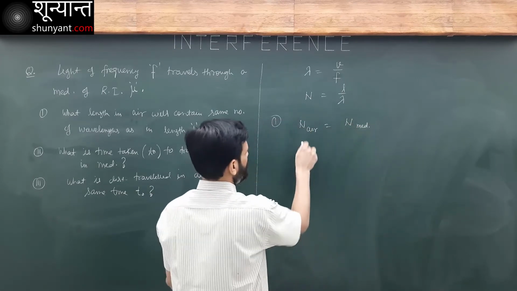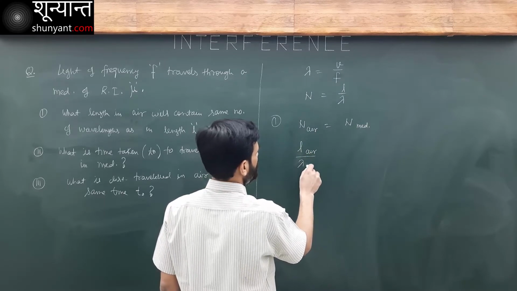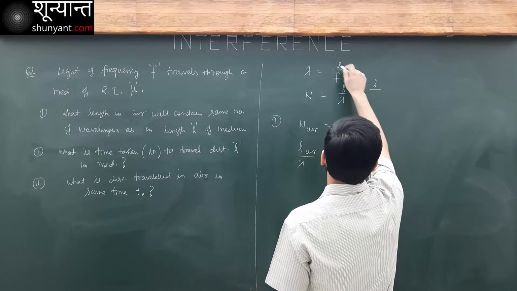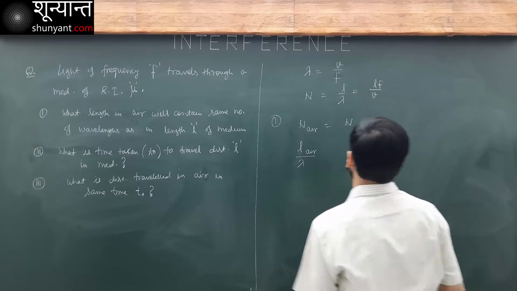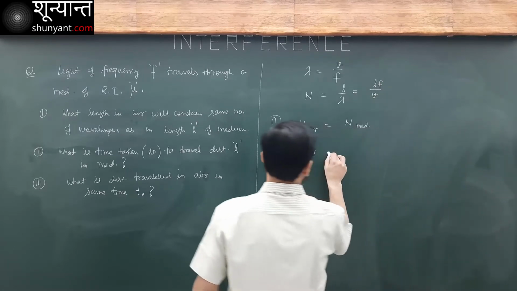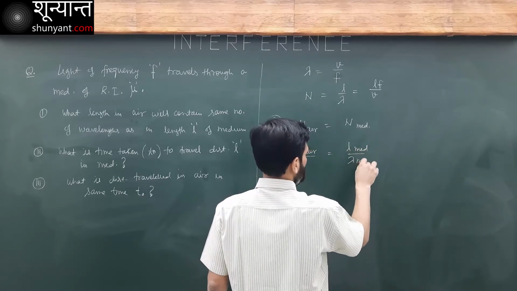This will be L in air over lambda in air, which I can write as L F over V, equal to L medium over lambda medium.